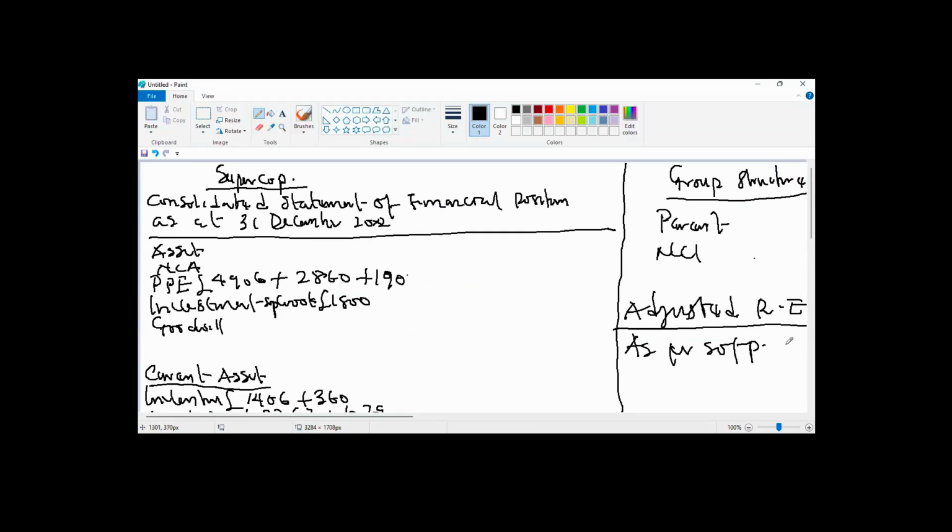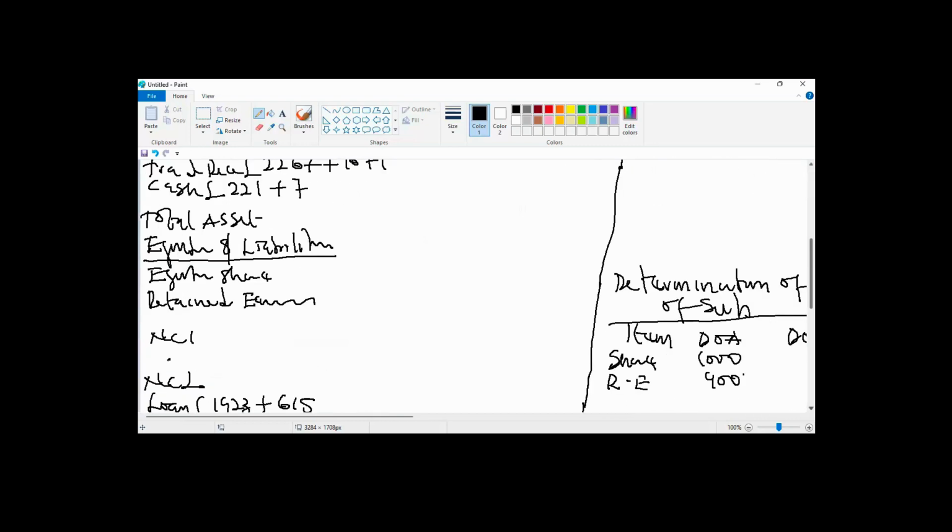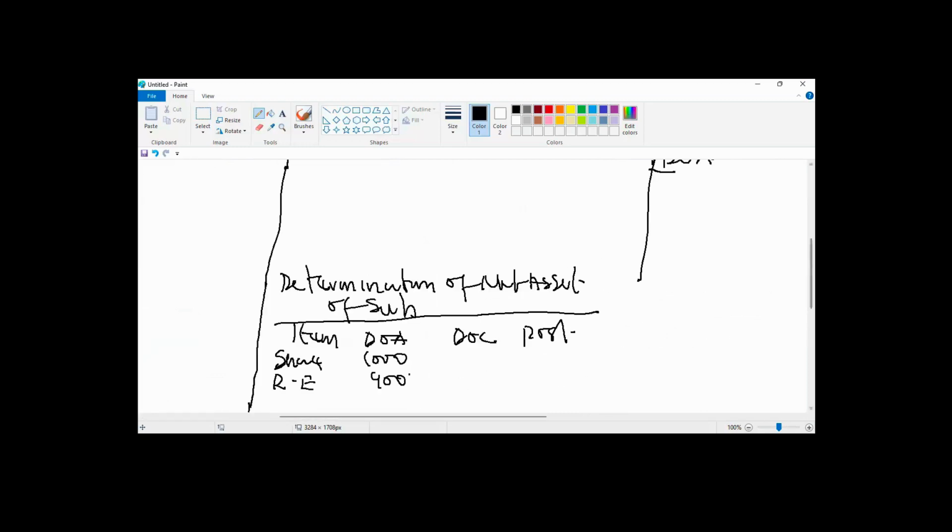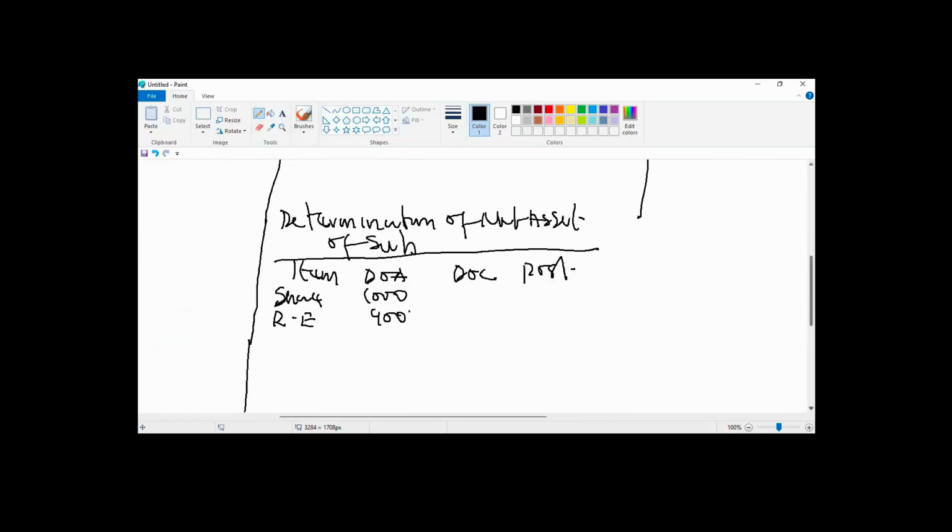I will credit reserve, revaluation surplus on land, 190. That's all.